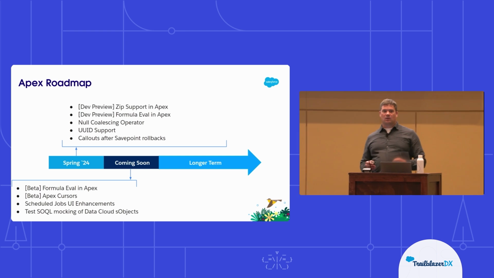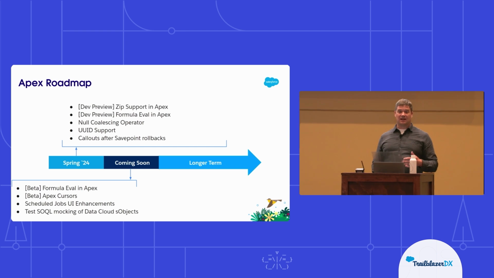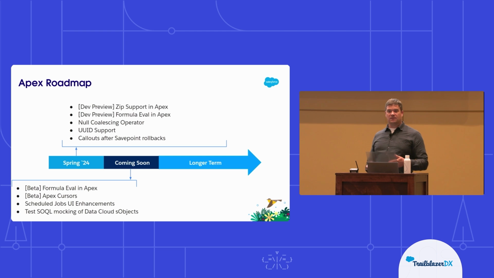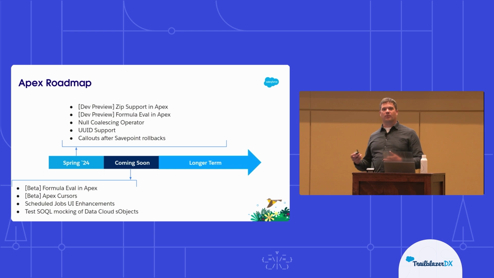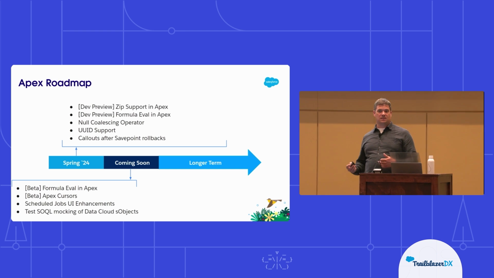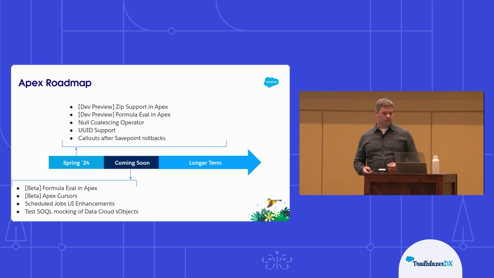One of the features that we're quite keen on people adopting is the ability to mock SOQL responses for working with Data Cloud entities. So previously, if you tried to make a SOQL query in your test context to get to a Data Cloud entity, that wouldn't work. So we're going to add new methods that will allow you to provide a mock response just for Data Cloud entities in an Apex test context. So you don't have to modify your production code to handle testing scenarios. You'll be able to handle that straight from the testing context itself.